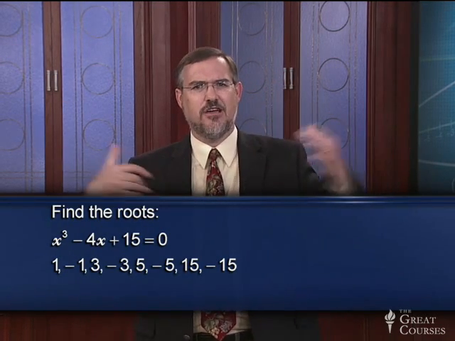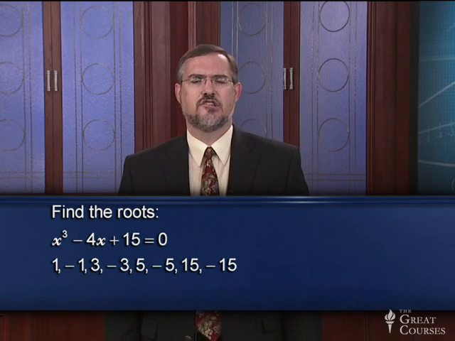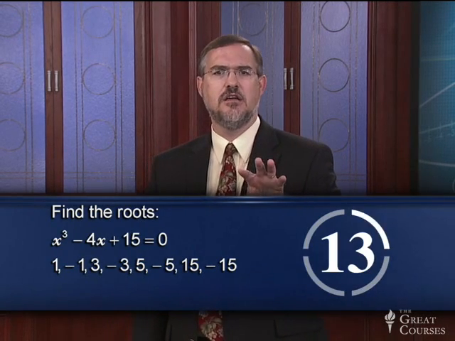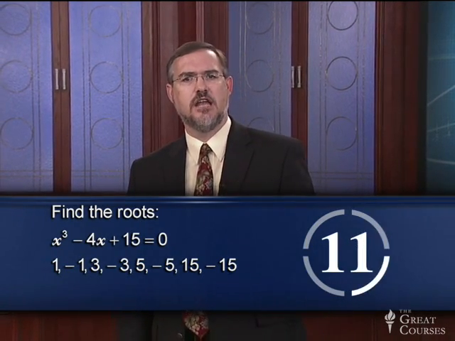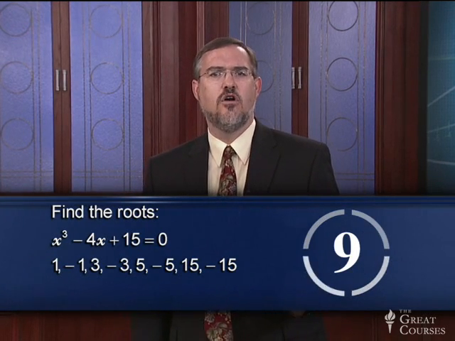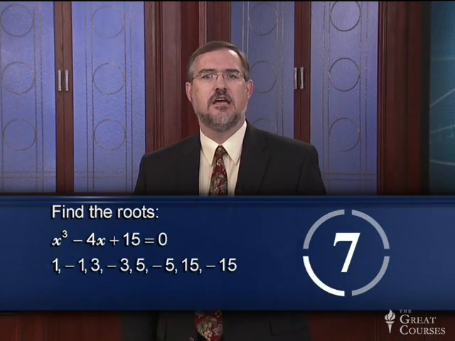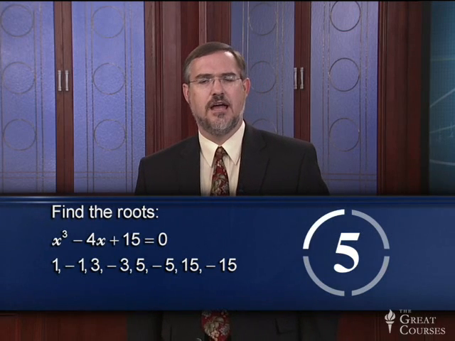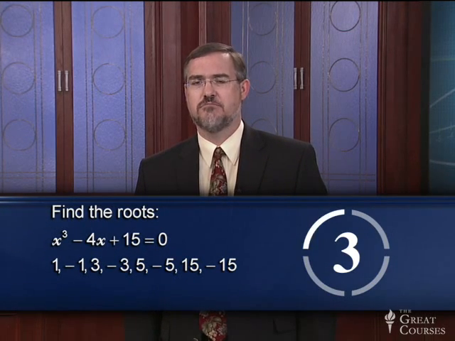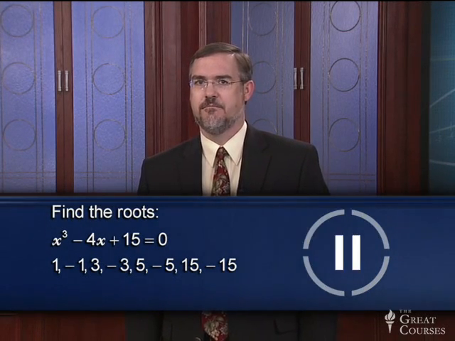Notice how we're sort of bringing all these tools together. So I'm going to suggest that you check to see if x equals -1, -3, -5, or -15 is a root of the equation x cubed minus 4x plus 15 equals 0.